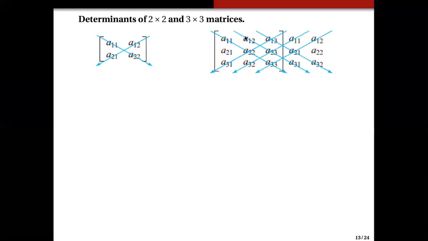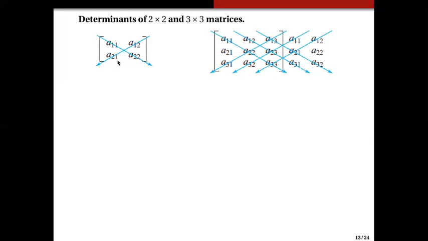Then here you have arrows going down to the right and arrows going down to the left. What do they represent? On the same arrow, you multiply the entries: A11 times A22, and here you have A12 times A21.